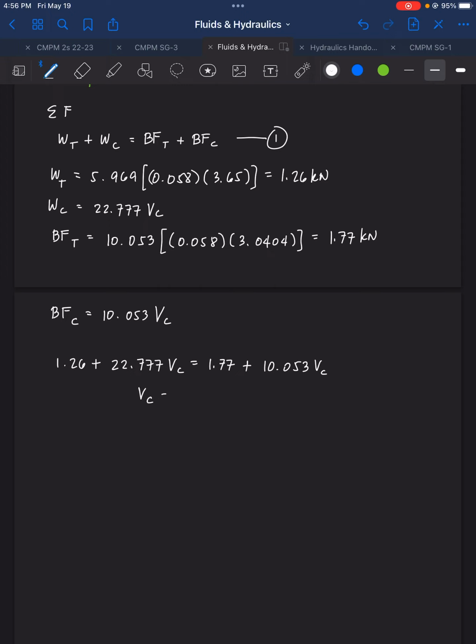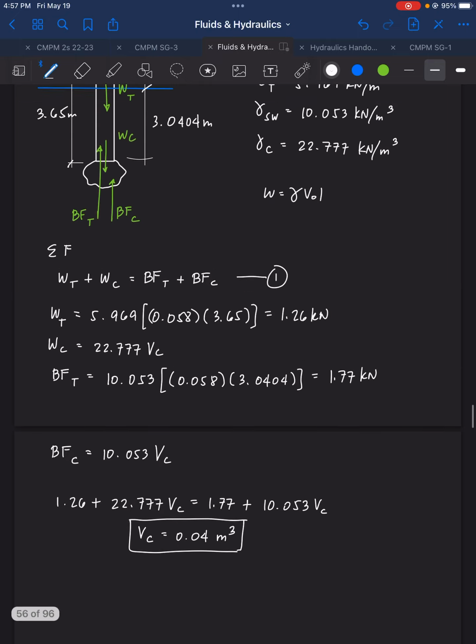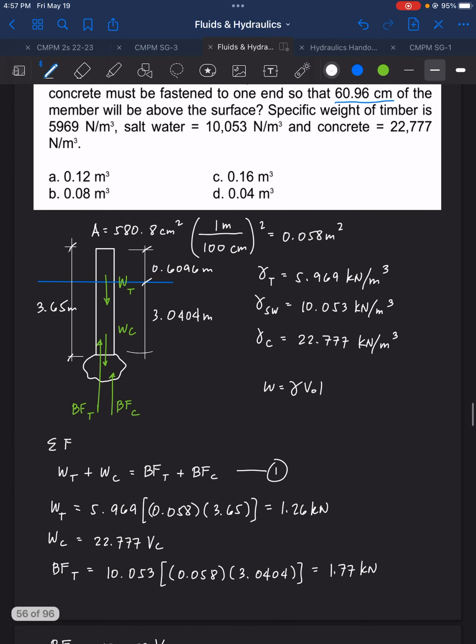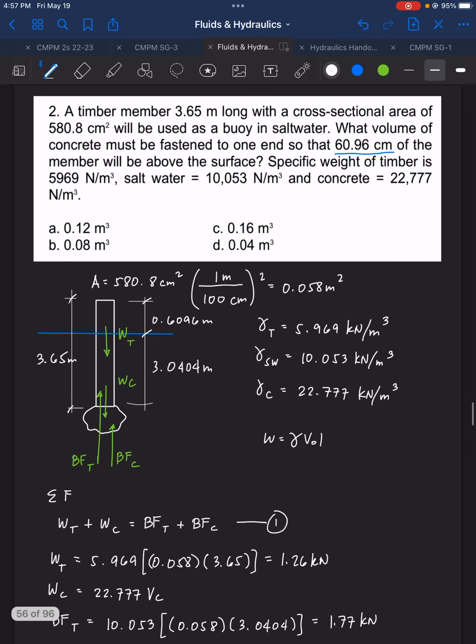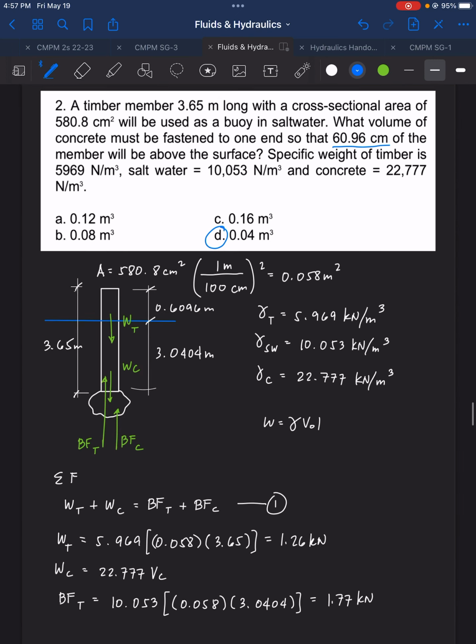So volume of concrete now is equal to 0.04 cubic meter. So from the choices, the answer here is letter B. Okay, so the answer is letter B. So that's for number 2.